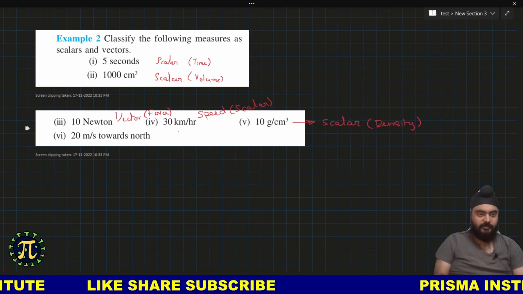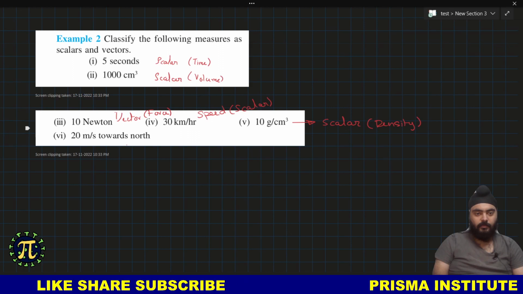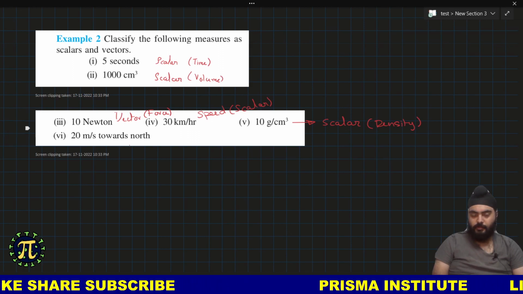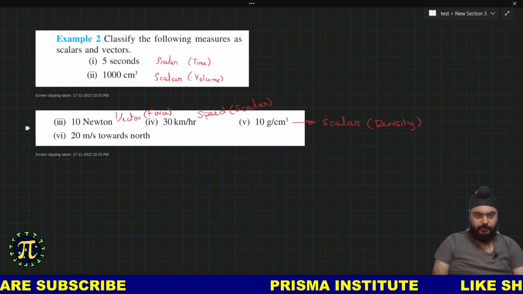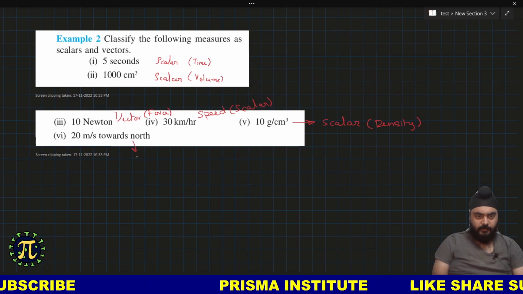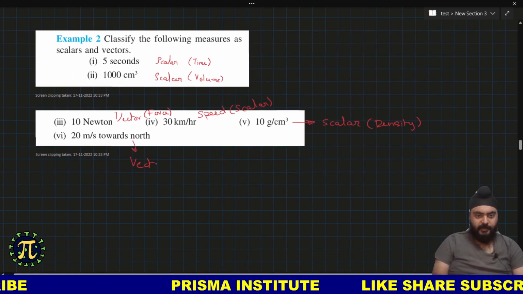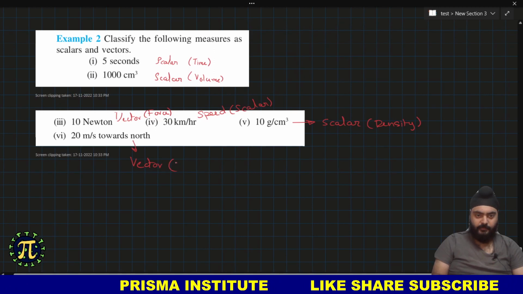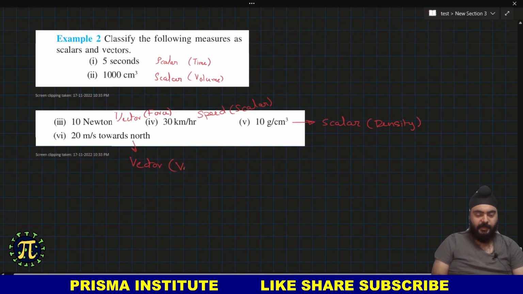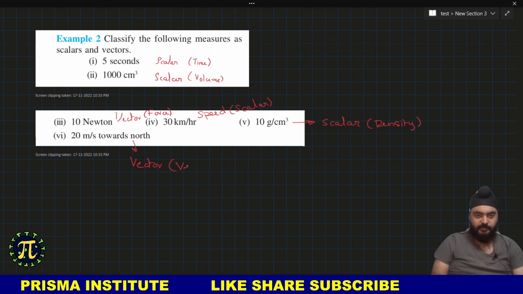Now the last case: 20 meters per second, towards north. This here is a vector, and it is not speed. It is velocity, because speed with direction is known as velocity.